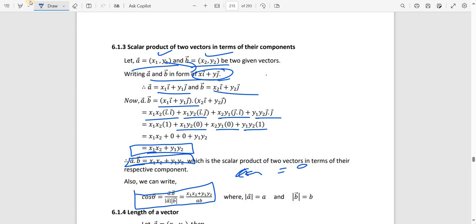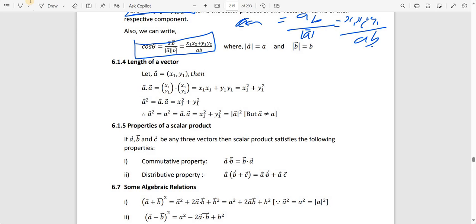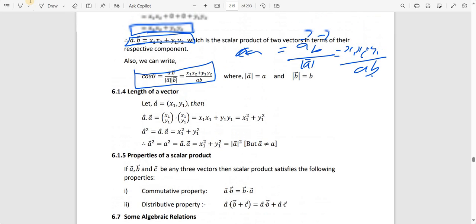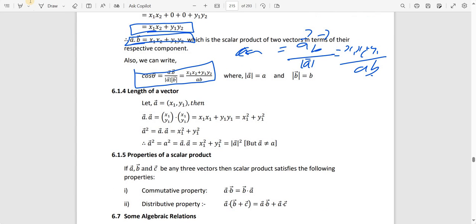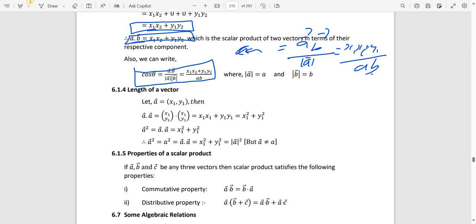Cos theta equal to A vector B vector, that is x1 x2 plus y1 y2 divided by AB. We can write like this also, length of vector. If A vector is x1 y1, then A vector into A vector is x square plus y square.